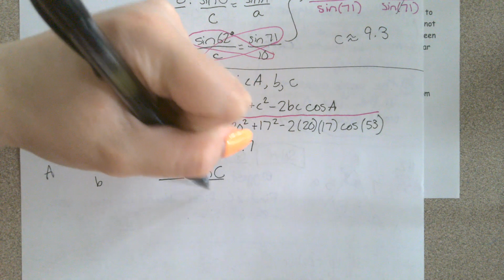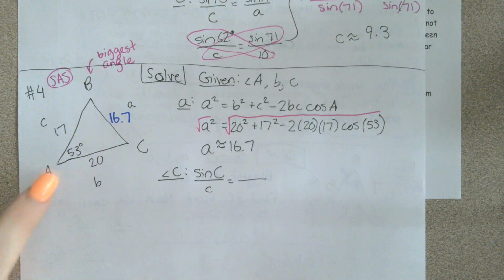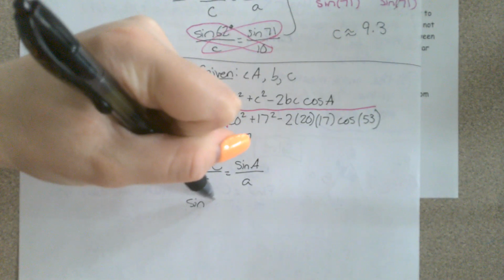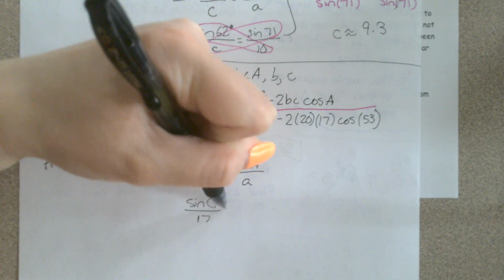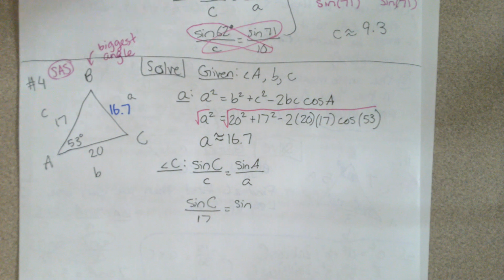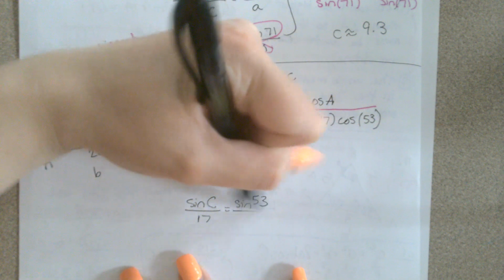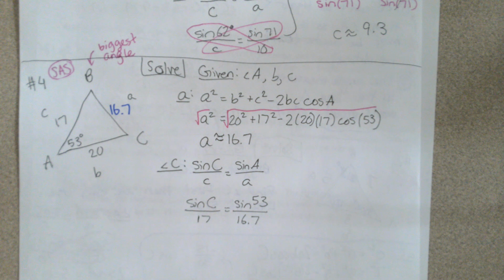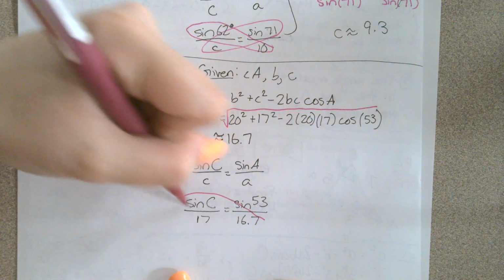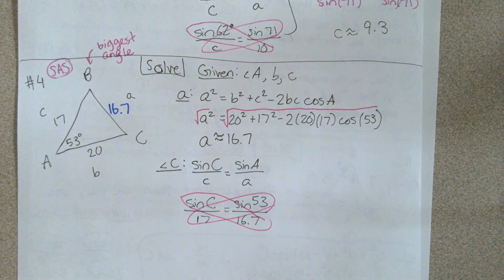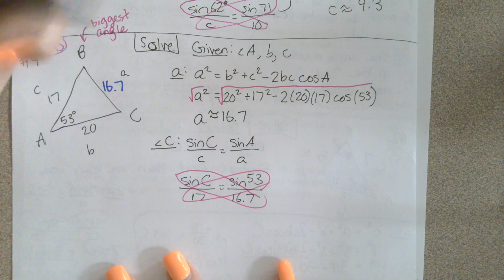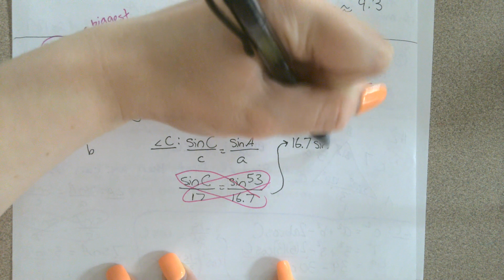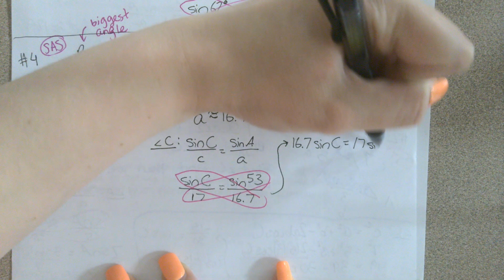So we have sine of C over C because we're finding C, and then we're given the A's. Filling in, we have sine of C over little c is 17. Sine of big A is 53 over little a is 16.7. Cross multiply. We get 16.7 sine of C equals 17 sine of 53.